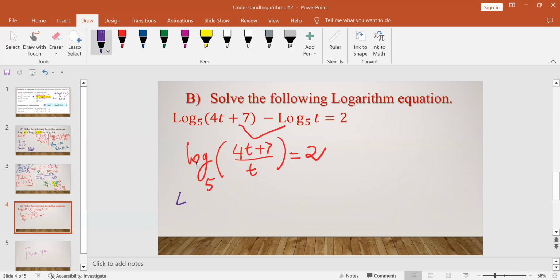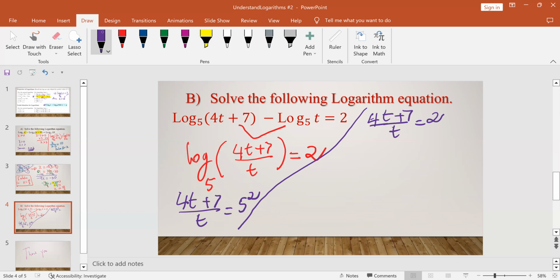So we take 40 plus 7 divided by t. This is the same as 5 to the second power. That means what? We're going to have 40 plus 7 over t is equal to 25.